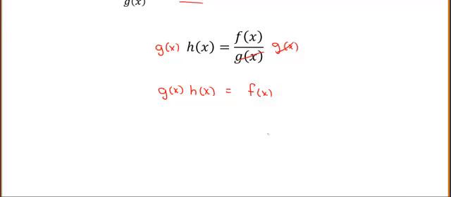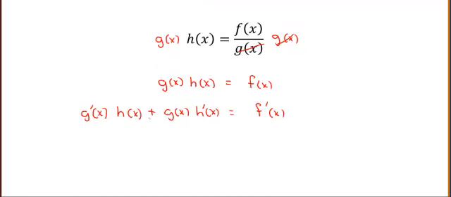Since the left side is a product of two functions, I'll make two copies. And on the right side, of course, I'll just have the derivative of f. In the first copy, I'll take the derivative of the first function, g of x. In the second copy, I'll take the derivative of the second one, and then I'll add them.